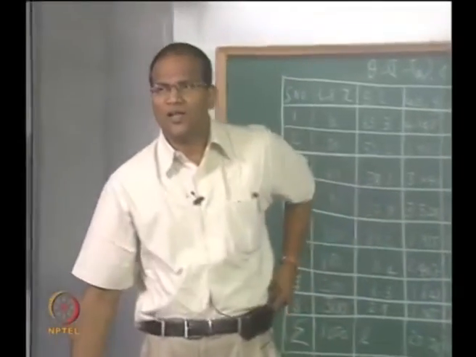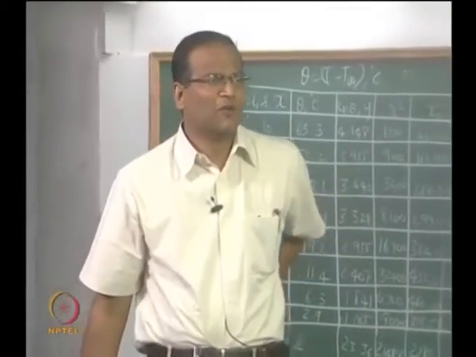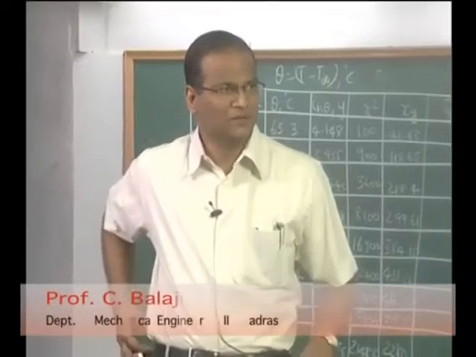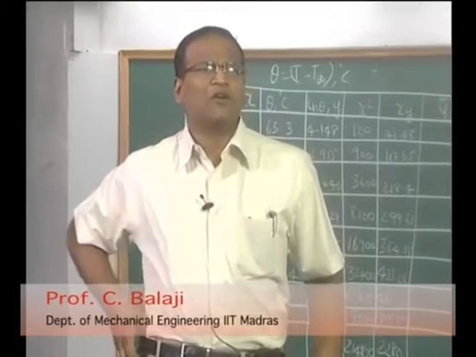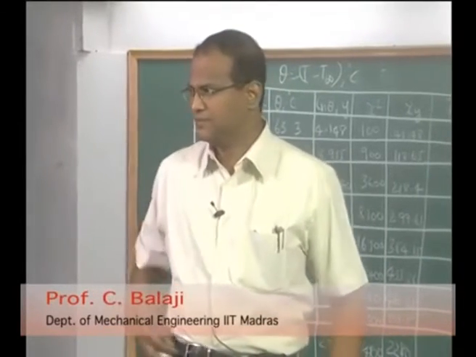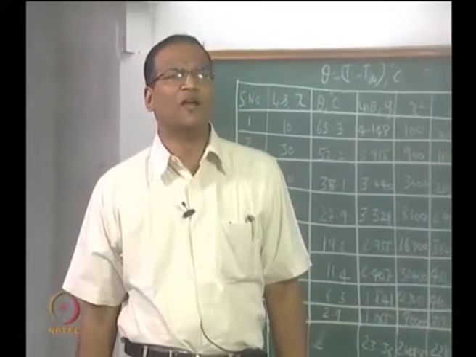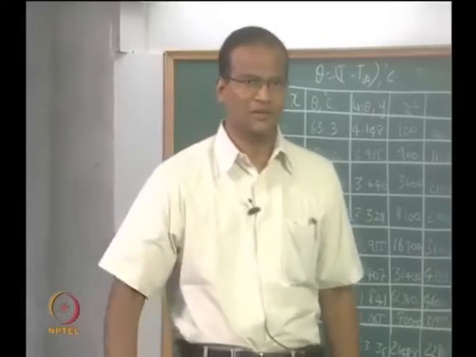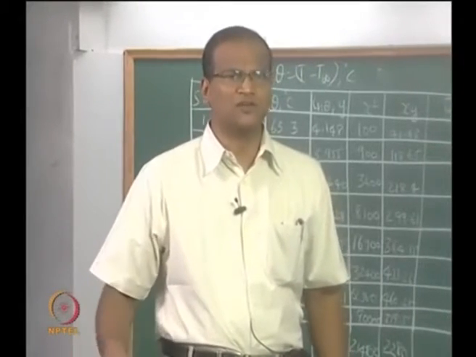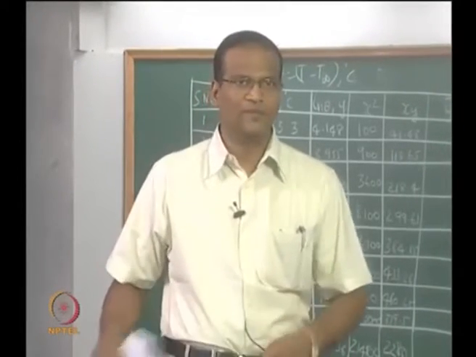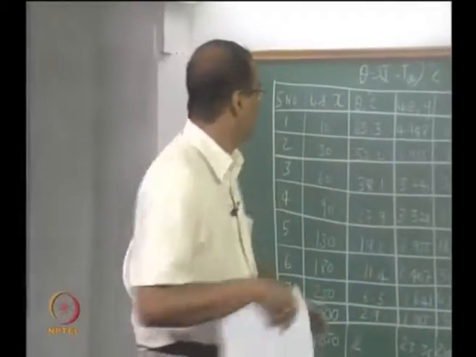When you take this log and all that, it depends on where you stop, the second decimal place or there will be some small variations, that is all right. Time constant, instead of 200 seconds you may get 198 or 203, it is okay. You should not get 2000 instead of 200. All right.